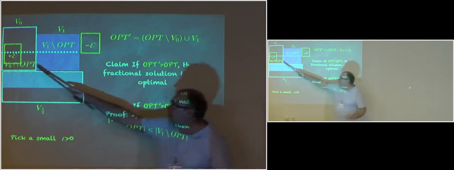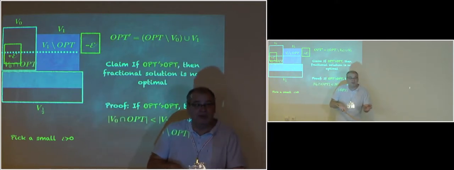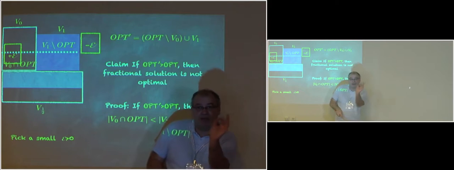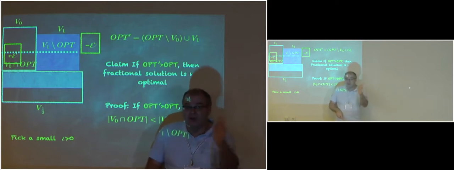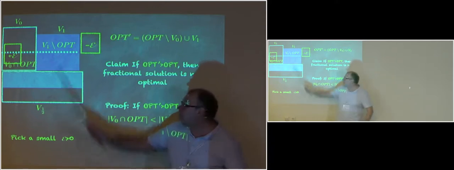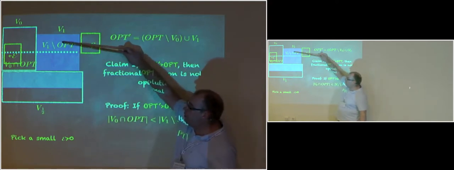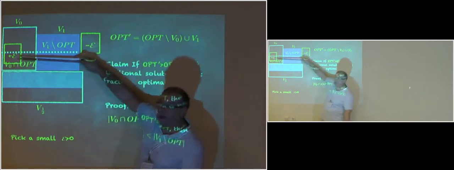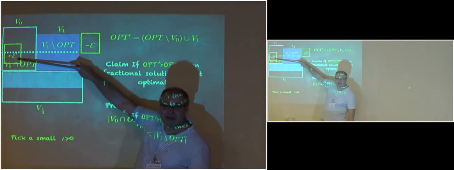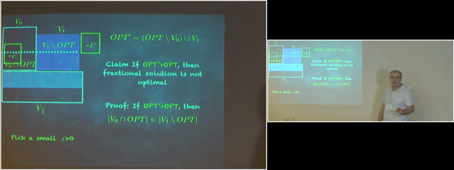The same here: all guys living here have values smaller than 1/2, so there is a small gap such that if I increase them a little bit, all of them will still be smaller than 1/2. So I pick an epsilon smaller than this gap. I increase all guys here by epsilon, and I decrease the value of all guys here by the same epsilon. And I claim that I still have a solution for the linear program.